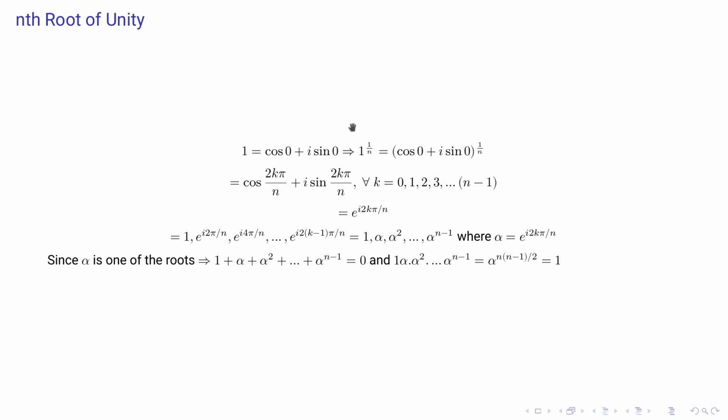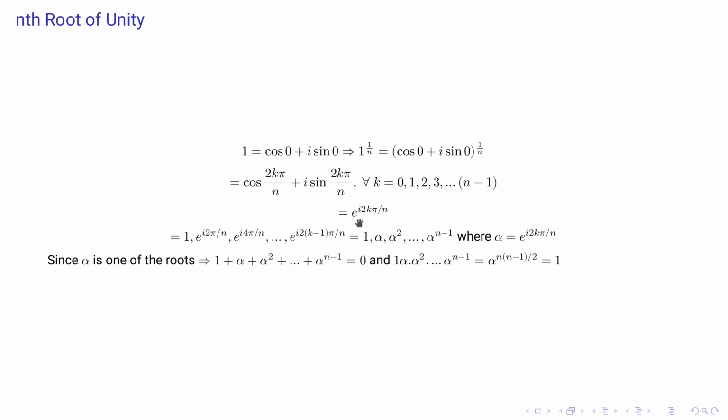So cos 2 pi will also be 1 and sin 2 pi will be 0. You rotate the full circle again, it will become 4 pi, so cos 4 pi will be 1 and sin 4 pi will be 0. Similarly, you can go on increasing the value of k to 3, it will become 6 pi and so on. And n has come from the power, so it is 2k pi by n.